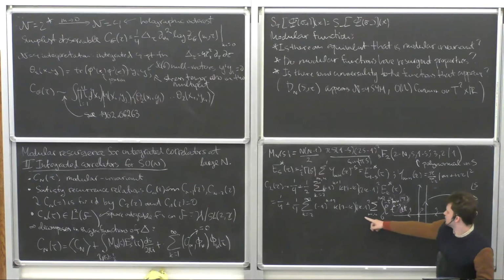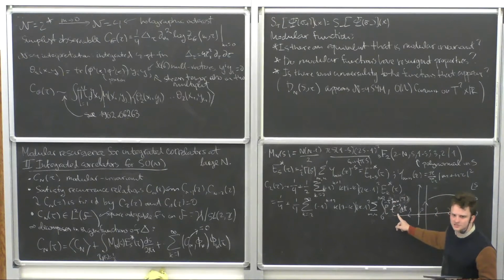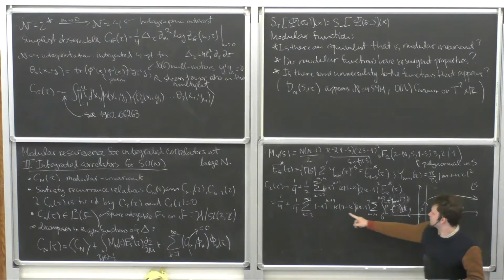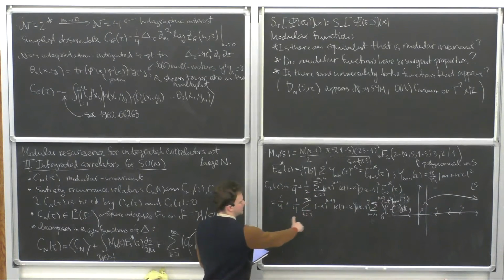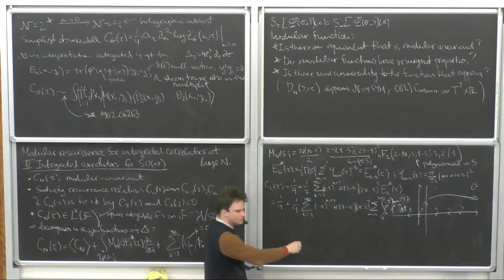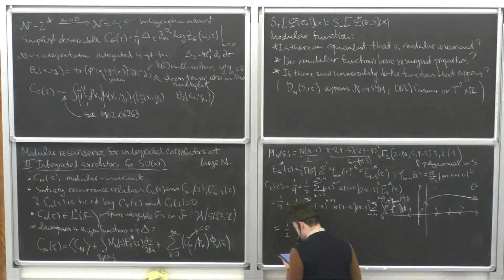So what you notice now is you can commit the unforgivable sin of exchanging the integrals and the sums, and you can now do the sum over k. After a while, you find that both of these terms unify into a single one, and you are left with a very nice expression, which is 1/2 integral from 0 to infinity. Still this same sum.